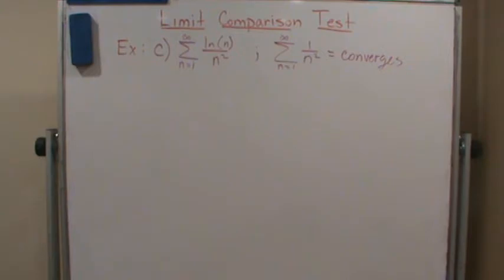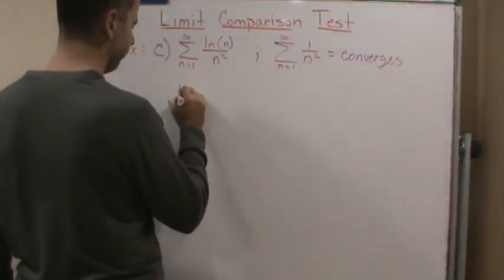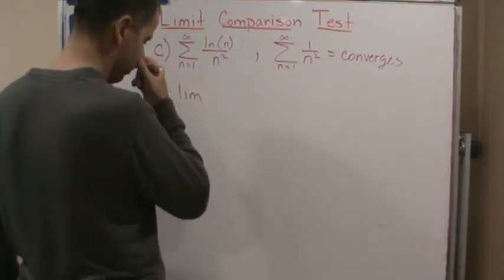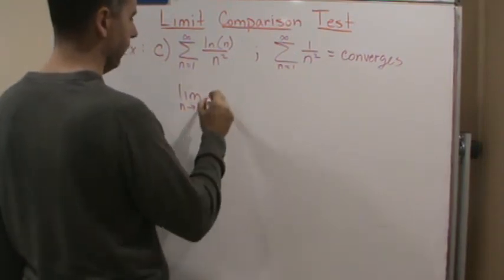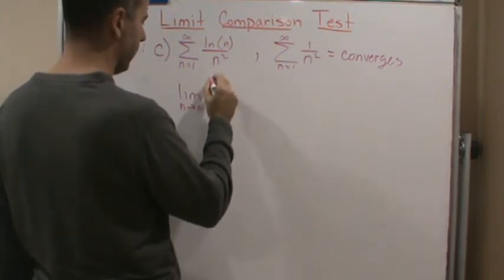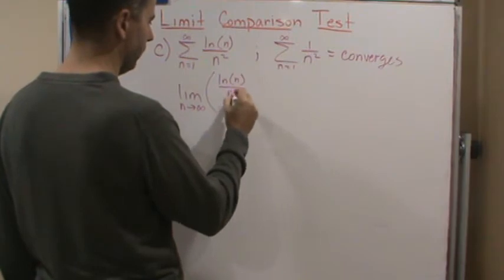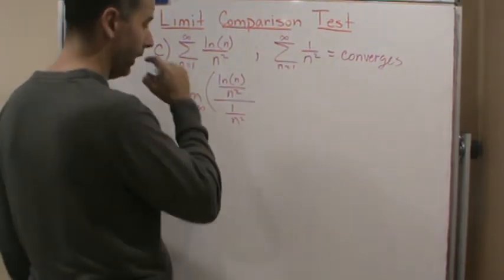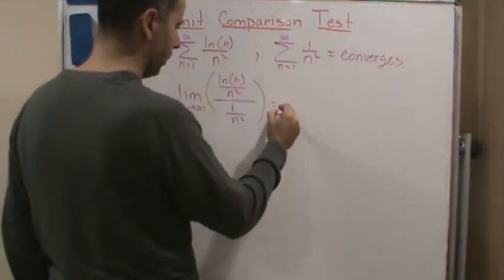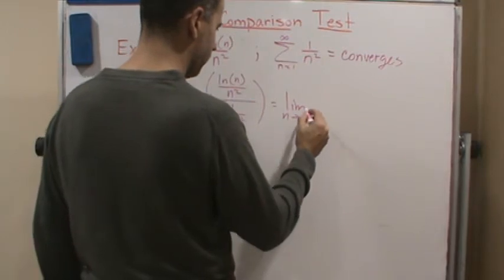So now, let's do the limit as n approaches infinity of the ratio of these two. So again, we're going to take the ratio of the natural log of n over n squared all over 1 over n squared, which is going to give us the limit as n approaches infinity of what?